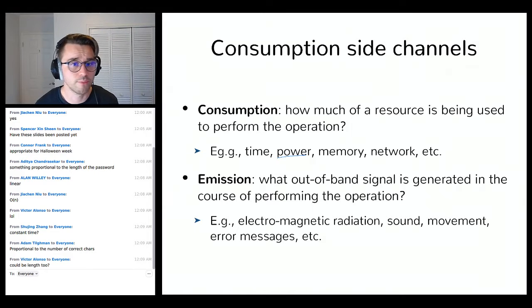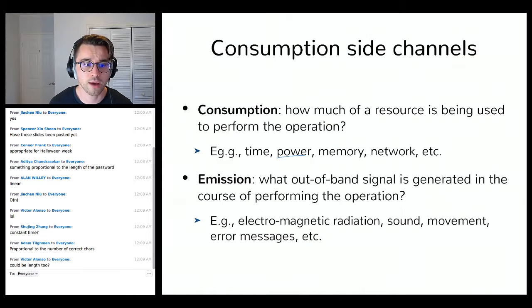The sound of your keyboard when you type might reveal some information about the characters you're typing, movement in a room, error messages, and so on and so forth. So computations have all kinds of side effects that we don't think about. And this is where attackers get clever and use those side effects to learn secrets about our computation.